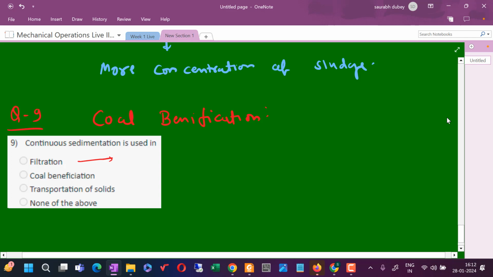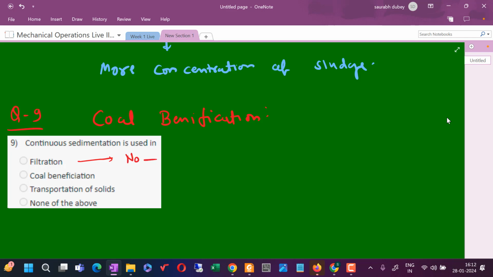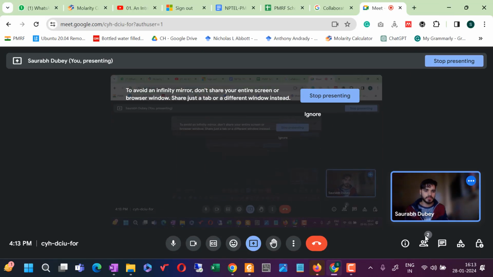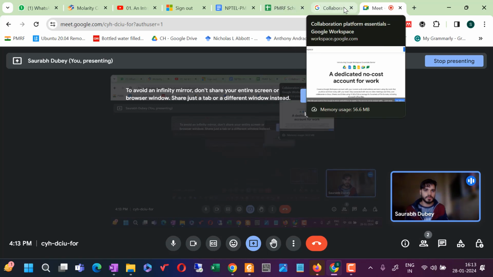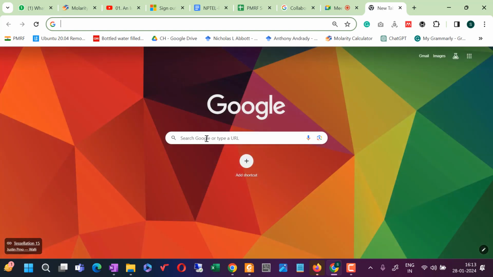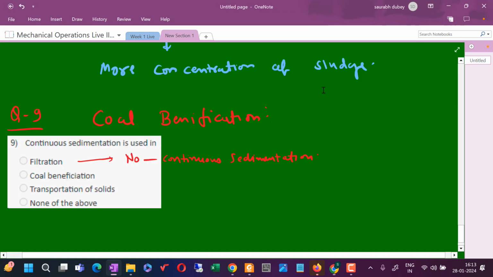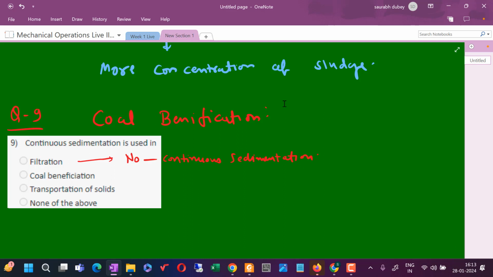There is no continuous sedimentation. And then this continuous sedimentation is used in filtration, coal beneficiation, transportation of the solid, none of the above.